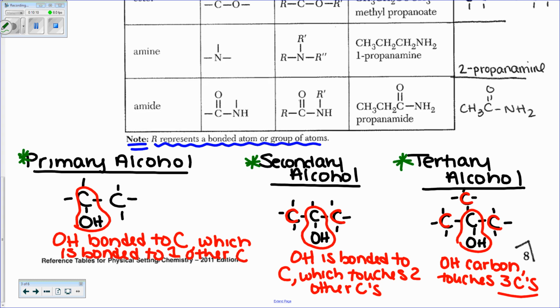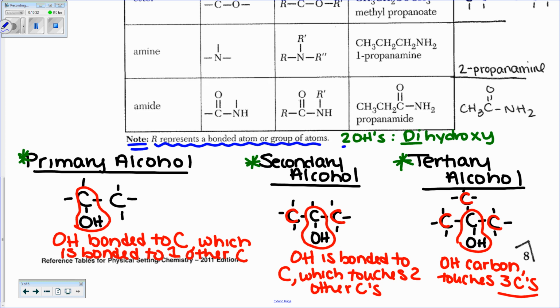If they ever give you more than one OH group, technically you could have 2 OH groups, they will call it a dihydroxy alcohol. So that's different from primary, secondary, tertiary. If there's 2, I call it a dihydroxy.